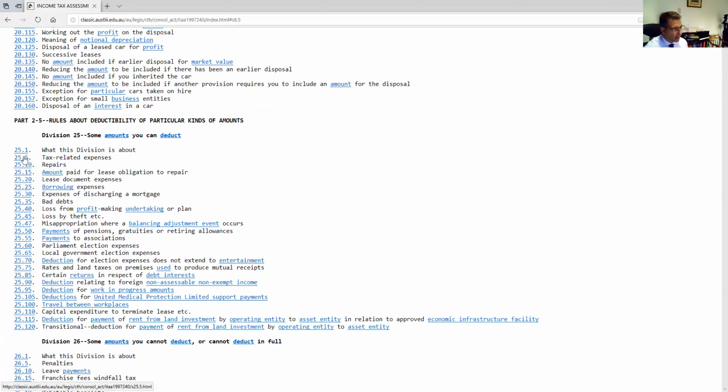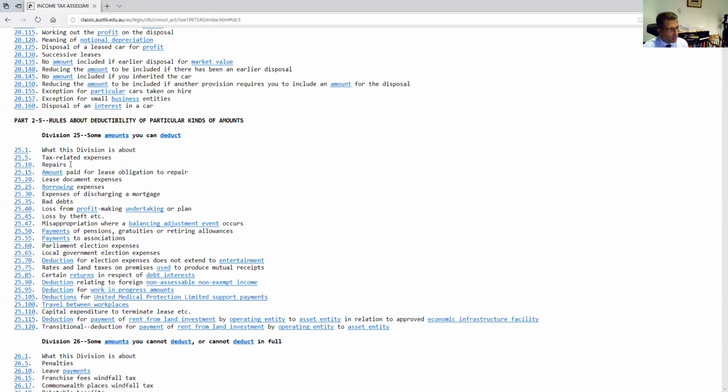The first one that's looked at is tax-related expenses, 25-5. So here you're thinking about bookkeepers, accountants, BAS agents, lawyers if they're providing you with tax-related advice. All of those types of losses or outgoings are allowable deductions.